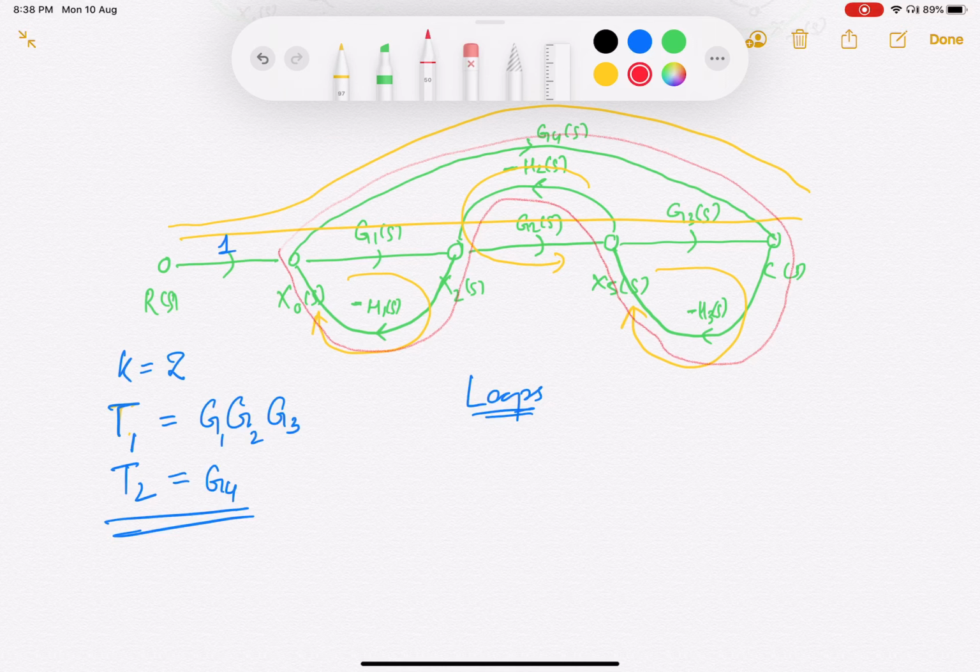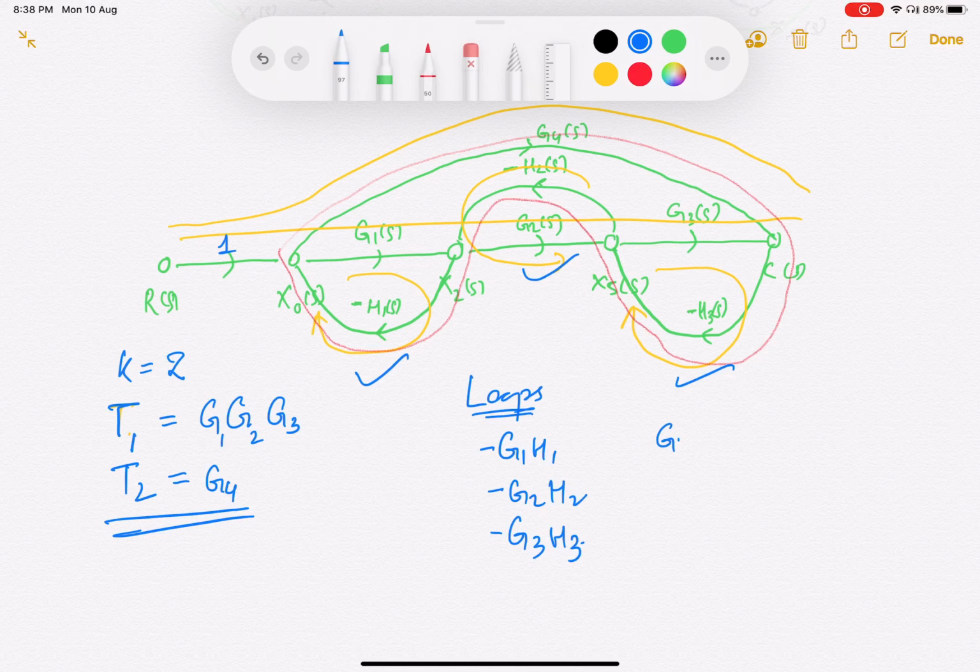So if you write down the loop gains: minus G1 H1, this one; minus G2 H2, this one; minus G3 H3, this one; and this complicated loop that you have, G4 into H3 into H2 into H1, with a minus sign.